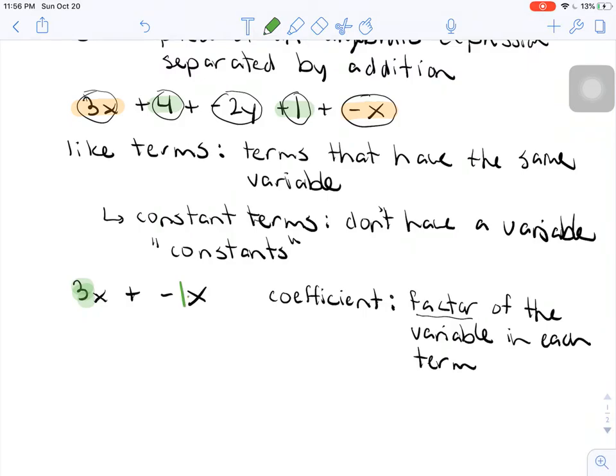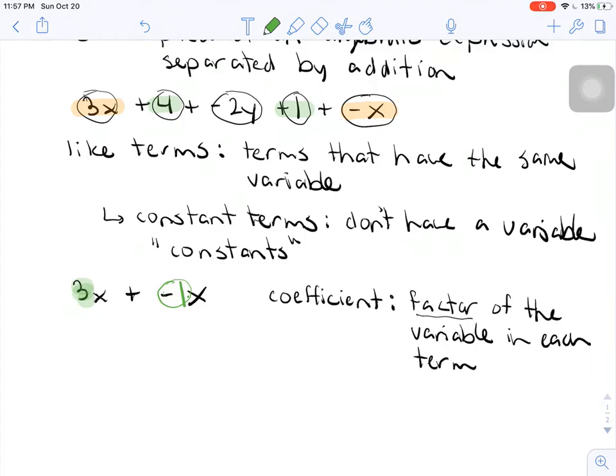The multiplicative identity says that anything times 1 is itself. So x times 1 is just x, which is why we don't usually write out the 1. We just have to remember that it's there. A term will never be missing its coefficient, but sometimes the coefficient isn't written out if it is a 1. So these two like terms each have their own coefficient, 3, and in this case, -1.